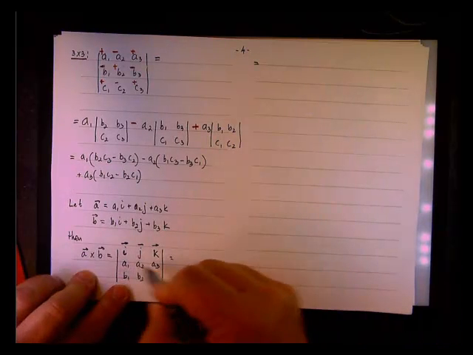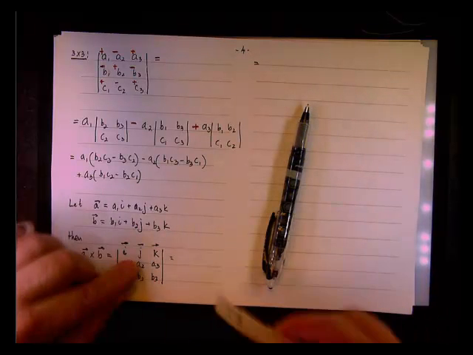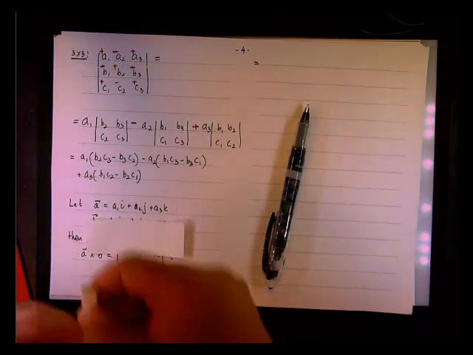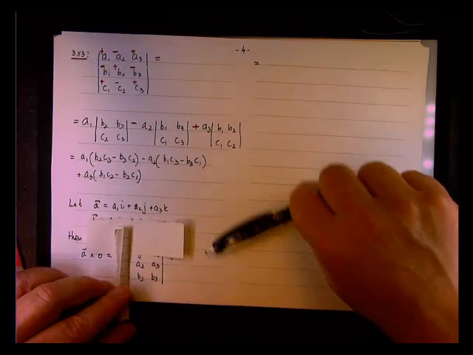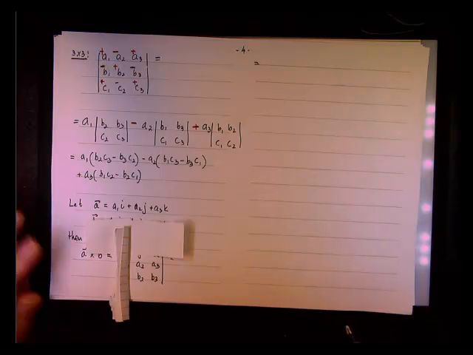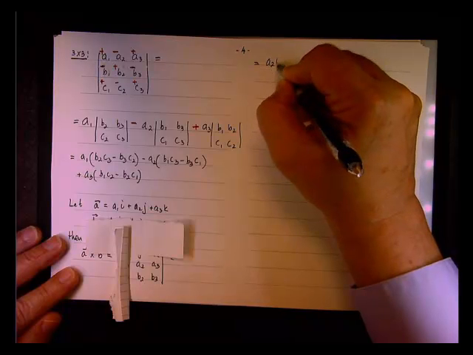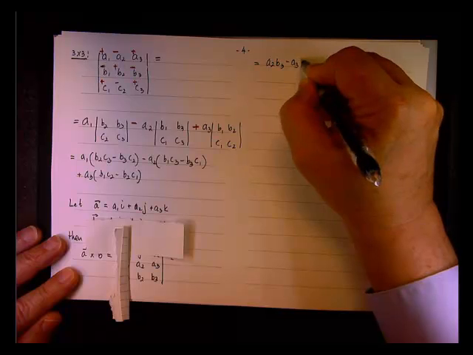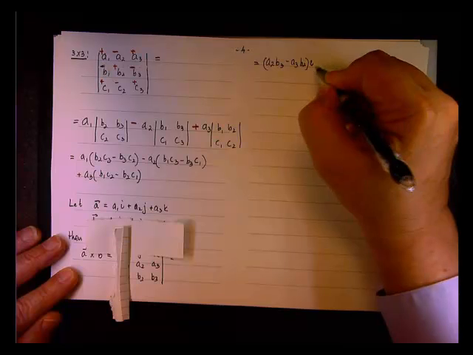Now we're going to calculate the cross product using the same technique of expanding a determinant. Remember, the first row is I, J, K, so I'm expanding along the I. What will be the minor determinant corresponding to the I?